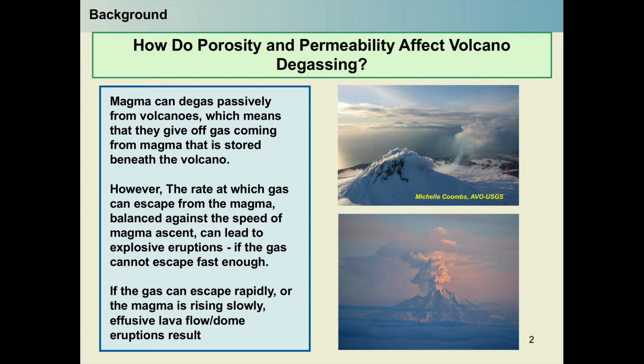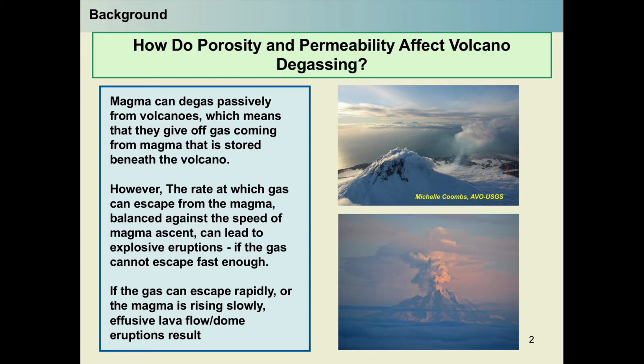It tells us a lot about the composition of magmas, about how volcanoes can erupt explosively versus effusively, and it also has abundant other connections to things like hydrothermal fluids, ore deposits, and so on.